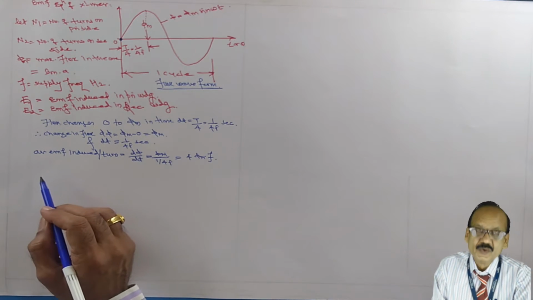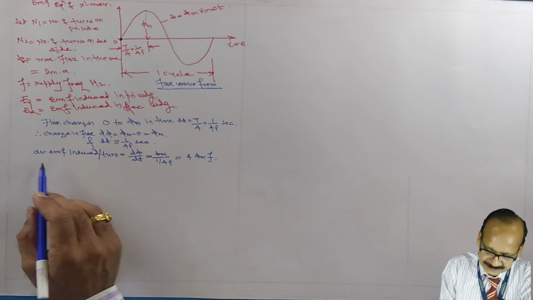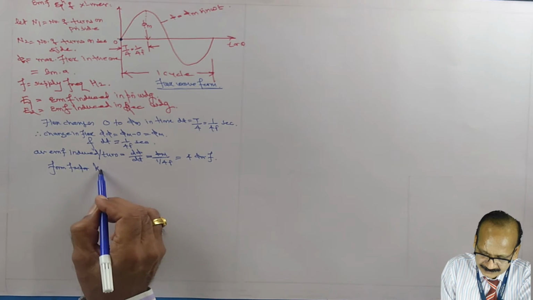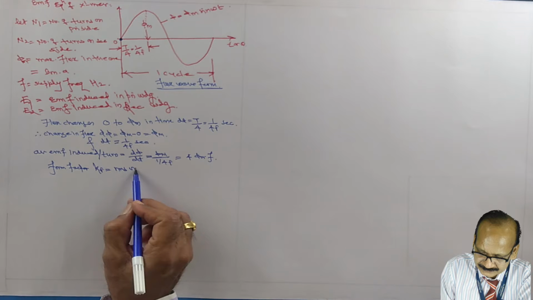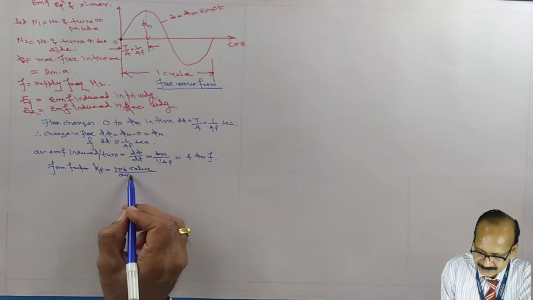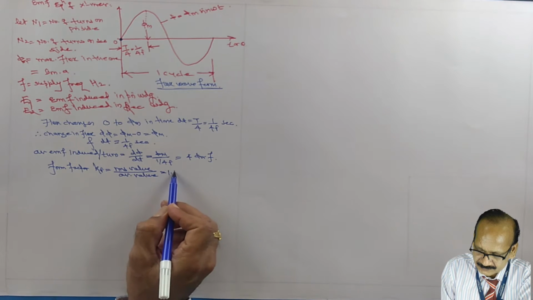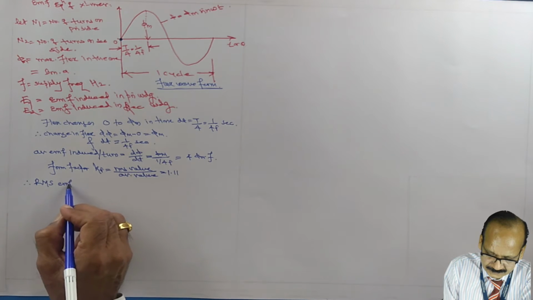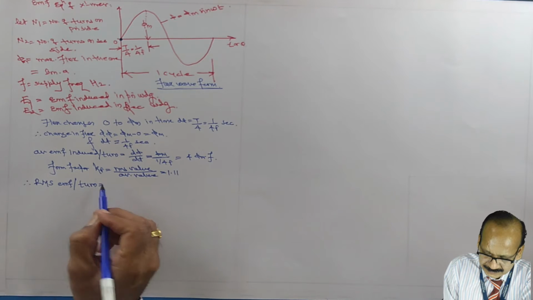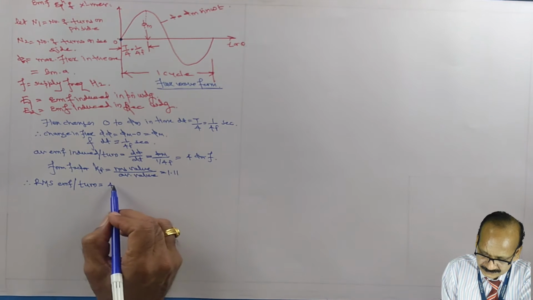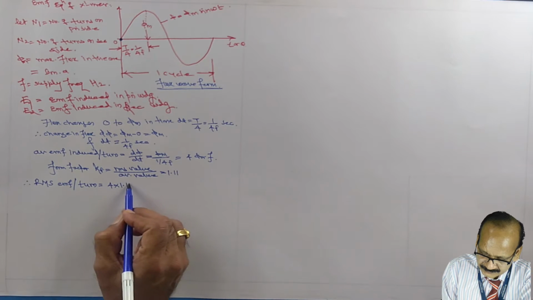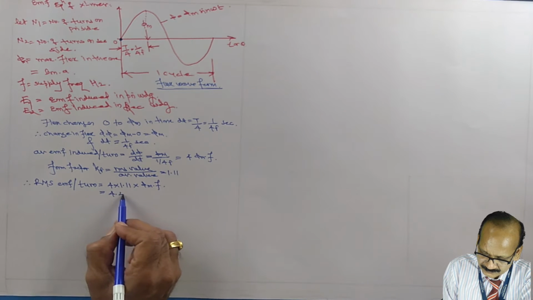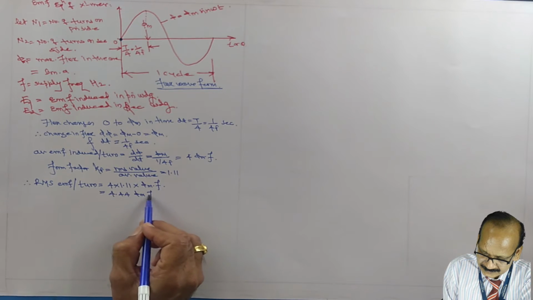Okay, but as the flux varies sinusoidally, the form factor Kf equal to RMS value divided by average value equal to 1.11, and therefore RMS value of EMF per turn equal to 4 multiplied by 1.11 into phi m into f. So it is equal to 4.44 phi m into f.